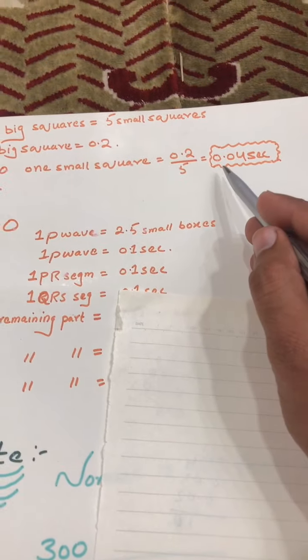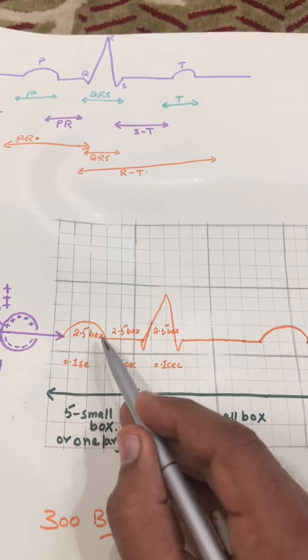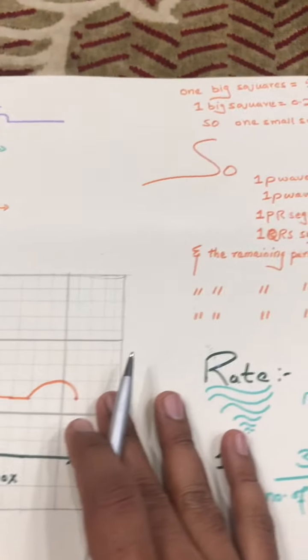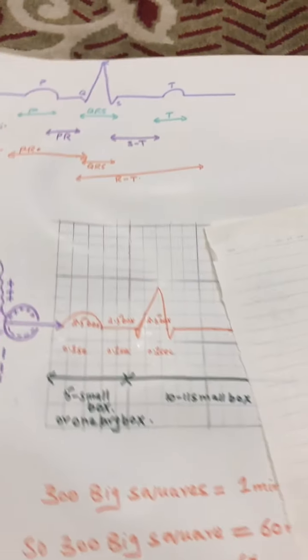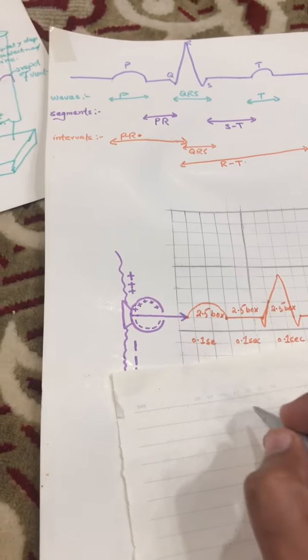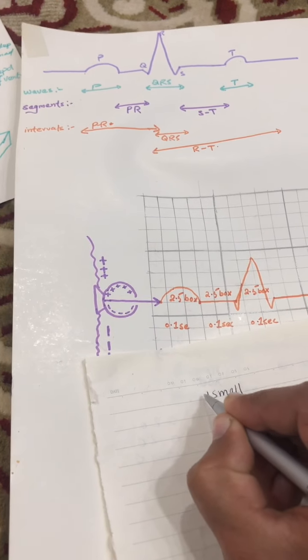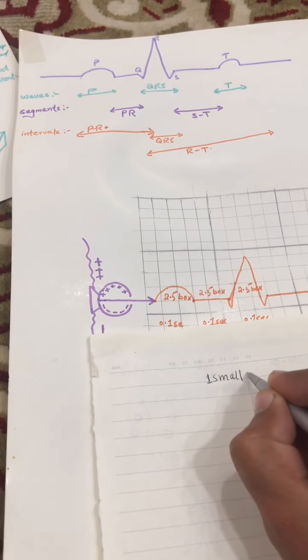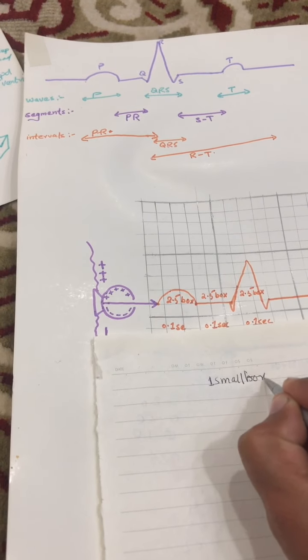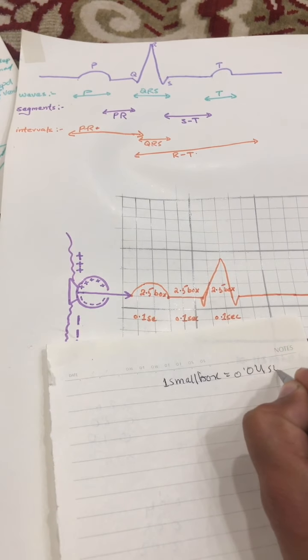Now we know that every big box is equal to 0.20 seconds, and every small box is equal to 0.04 seconds. Here 2.5 small boxes are equal to 1 P wave. If you want to find out how much time is taken by a P wave to be formed, one small box is equal to 0.04 seconds, right?